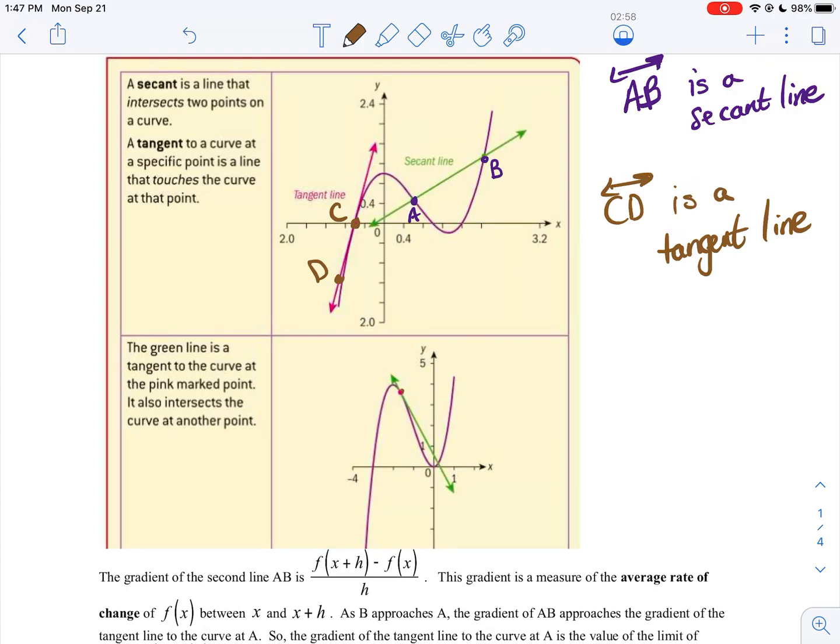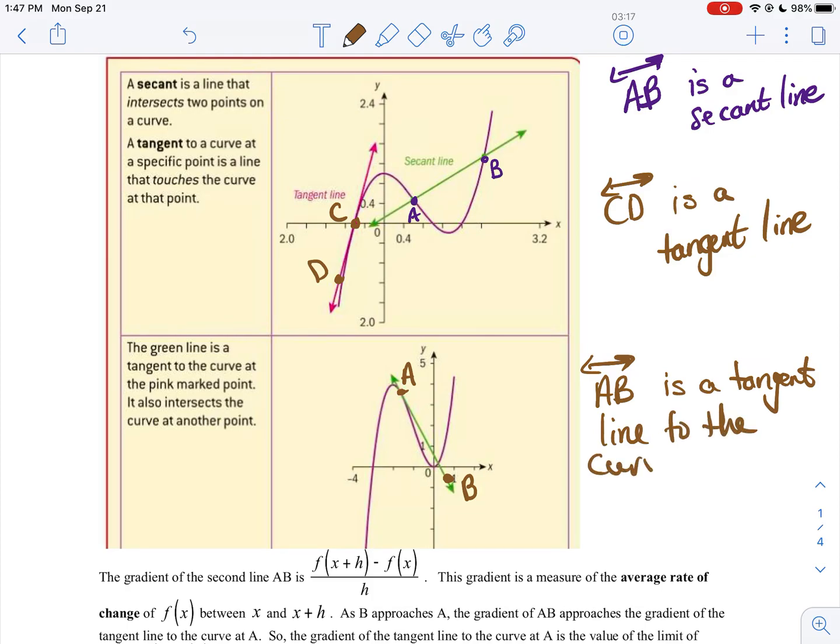Let me call this point A, and we'll make another point down here. We'll call it point B. And so here, line AB is a tangent line to the curve at point A, okay?